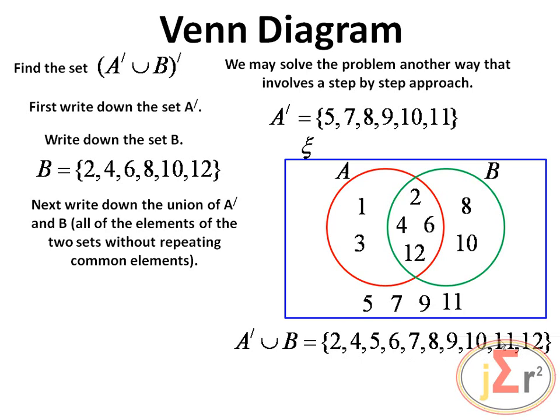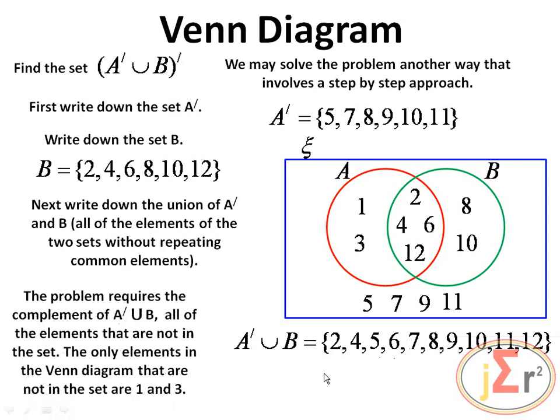What set do we want? We want the set that is equal to the complement of this one. So we need the complement of this set, which is A complement union B, all complement. So we want the complement of this set, which is the elements that are not in this set. And if we go through all of these elements, we'll realize that the only two elements that are not present are 1 and 3.